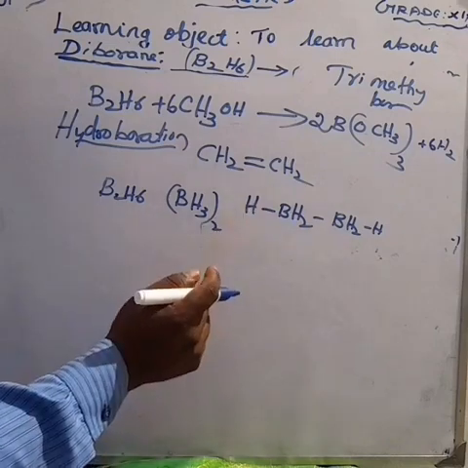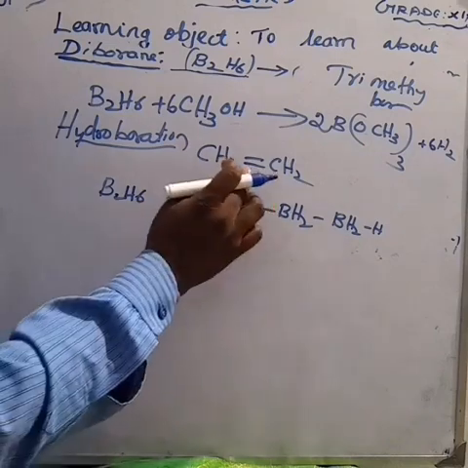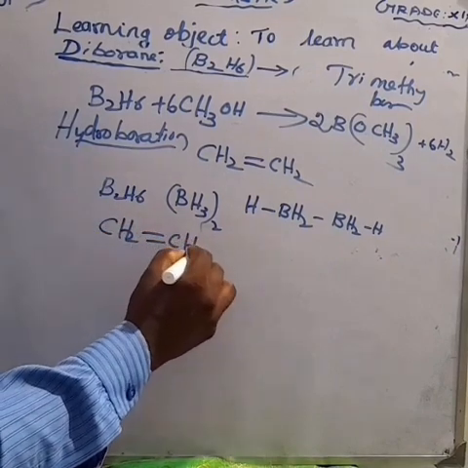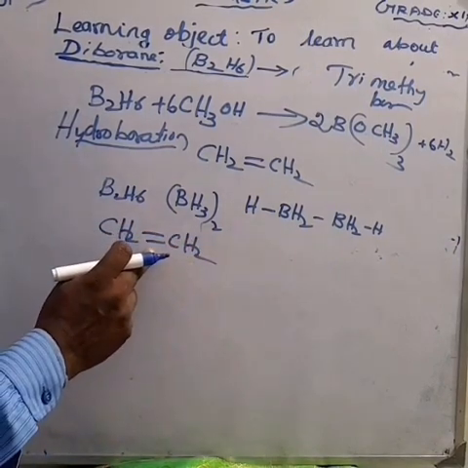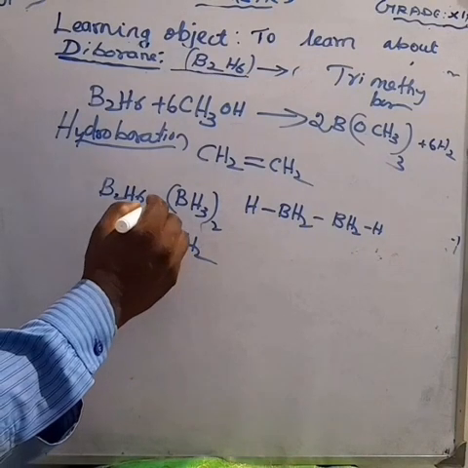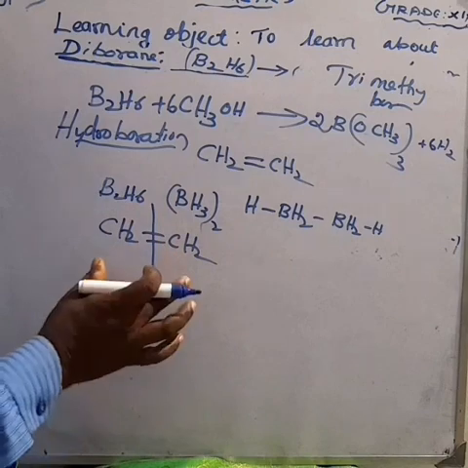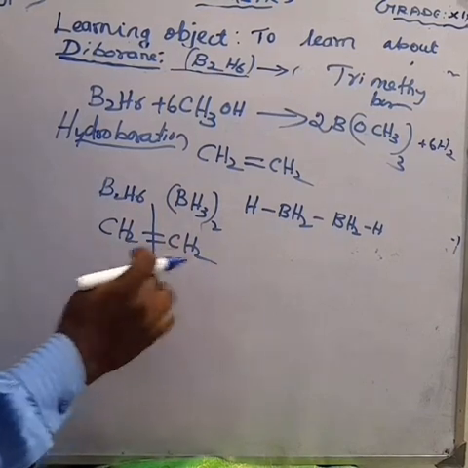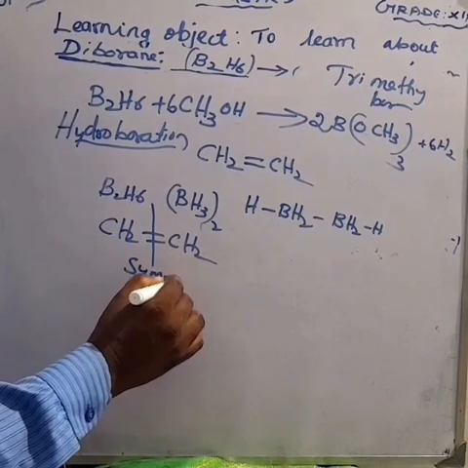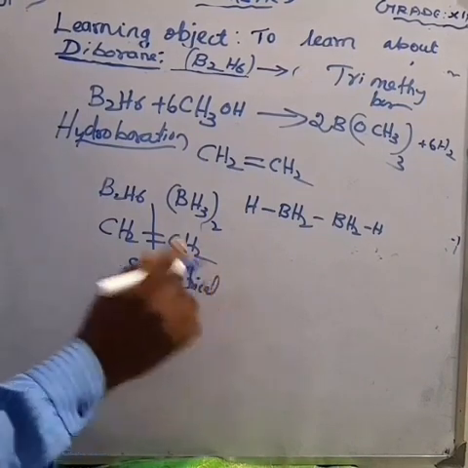Listen all of you. Here, I'm taking an alkene, that is CH2 double bond CH2. This is one alkene we learned in 10th grade. If I break this alkene into two equal halves, we say it is symmetrical.